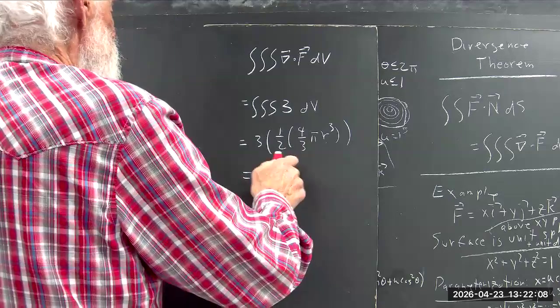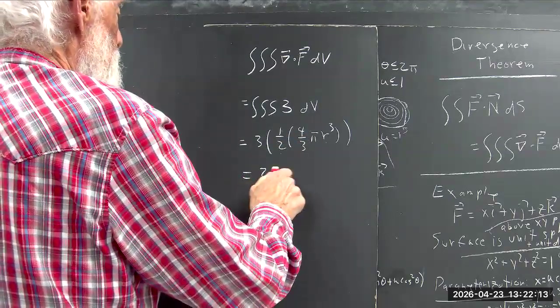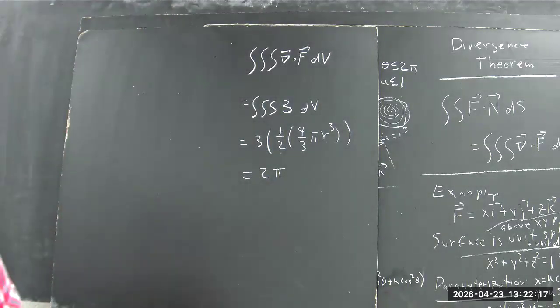There it is. It's the integral of 3 dv. R is 1. 2 goes into 4 twice, 6/3. It's 2 pi. I did that quick, so check it. Okay. Wait a minute. Yep.